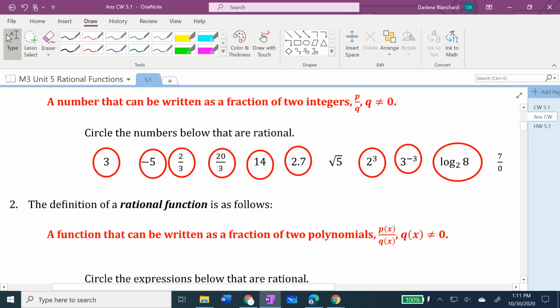And without showing you the answers, circle the expressions that are rational. So see if you can figure that out. I'm going to leave this up for a moment because I know some people are probably writing it down still.